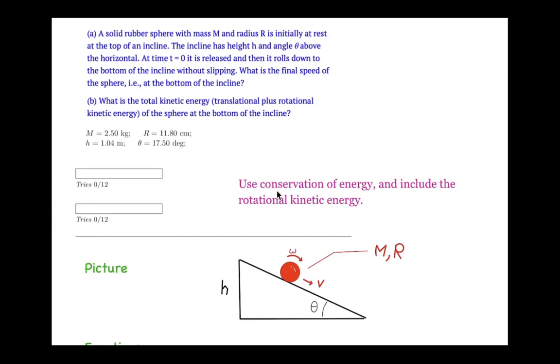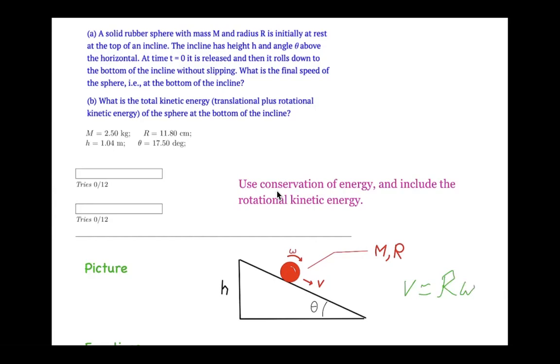So in any of these problems, we always start by drawing a picture. So here's a picture of the incline, the ball, the velocity as it rolls down the incline, the angular velocity as it's turning, and now there's a relationship between v and omega. Whenever an object is rolling, the velocity of the center is the radius of the object times the angular velocity.